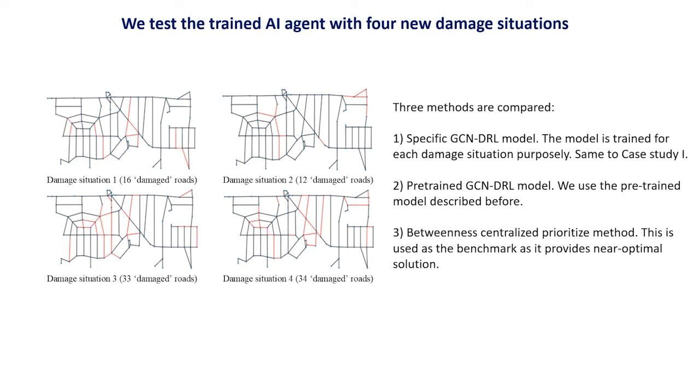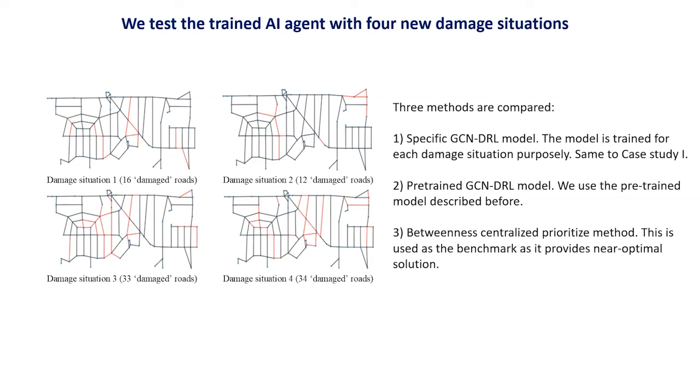What we did here is exactly the same as case study 1. The second method is the pre-trained graph convolutional neural network model, which we just did. We are going to use the pre-trained model to solve these 4 damage situations.